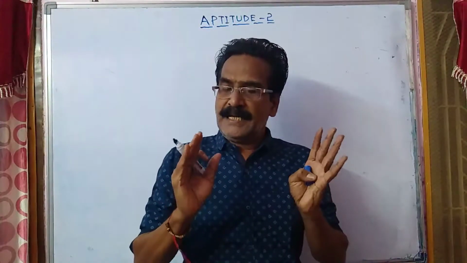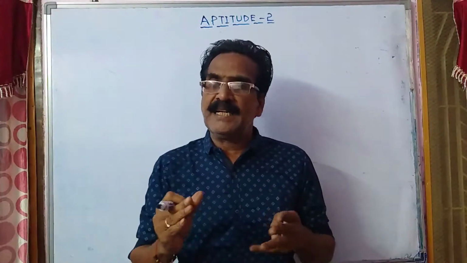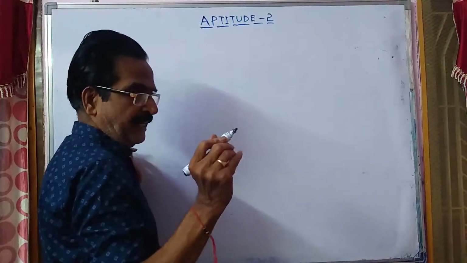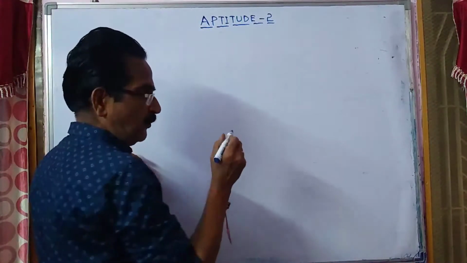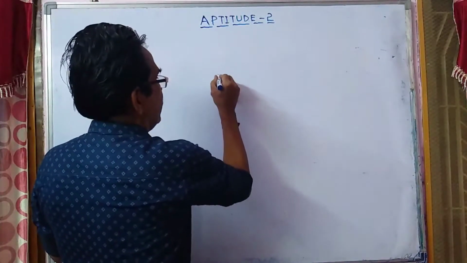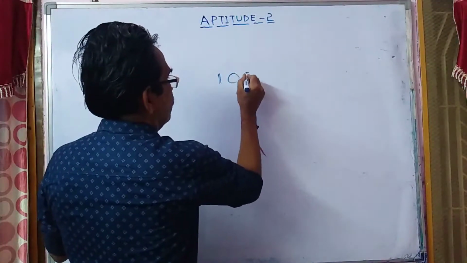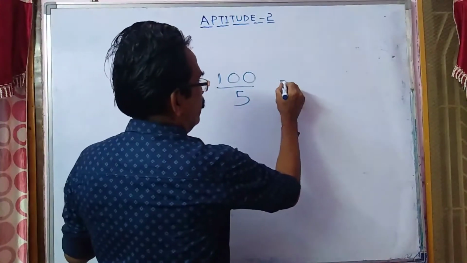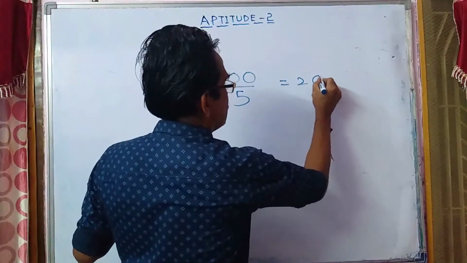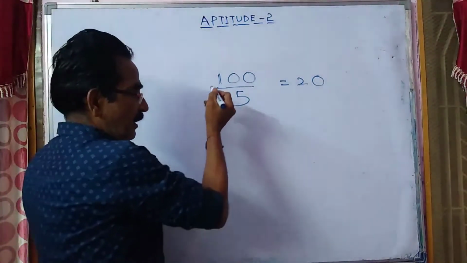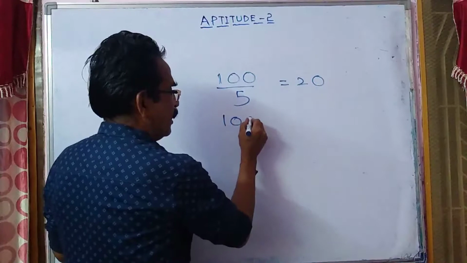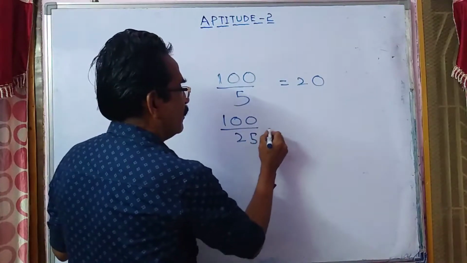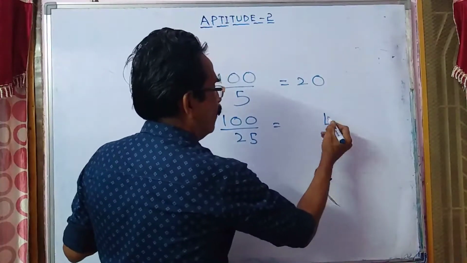So let us count the number of 5s in 100 factorial. Divide 100 by 5: 20. Now divide 100 by 5 square, which is 25: 4.